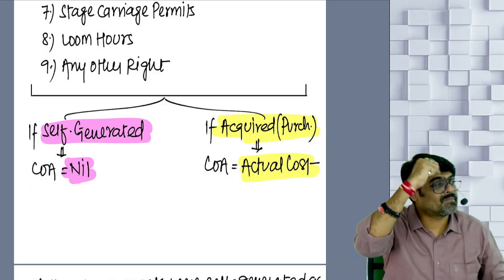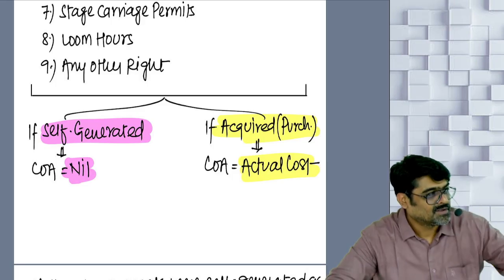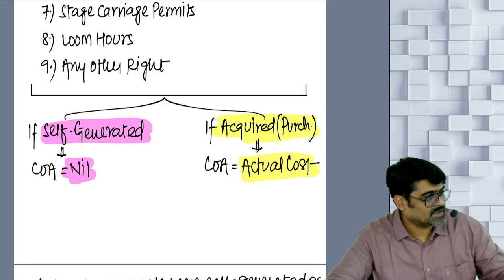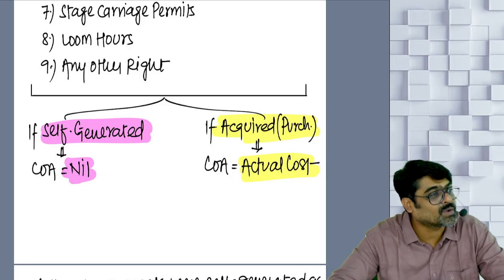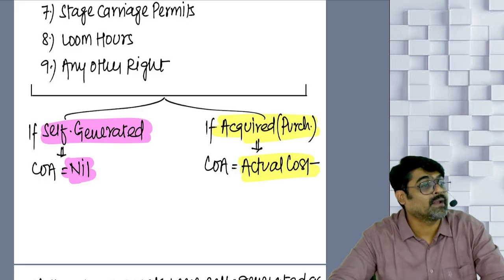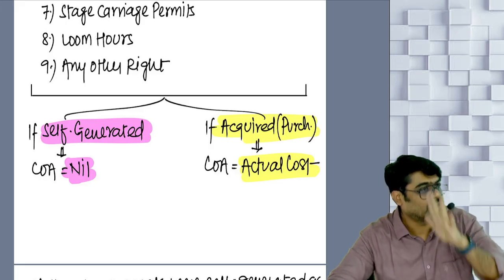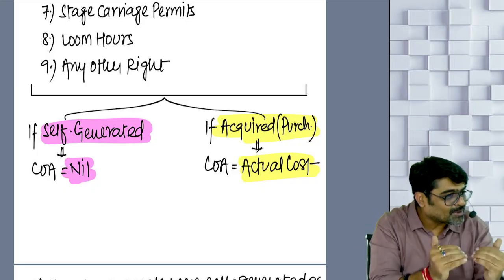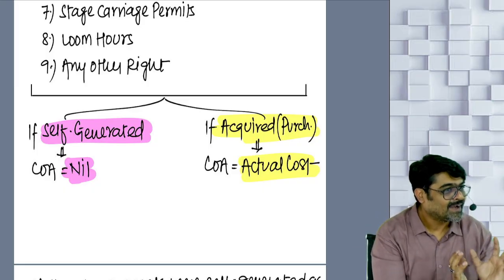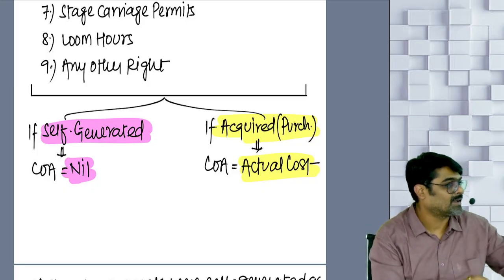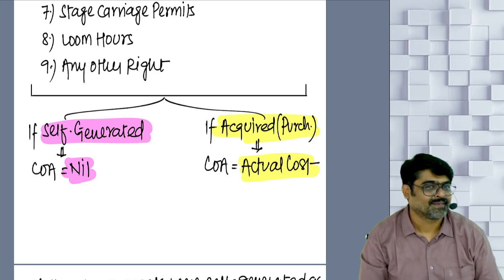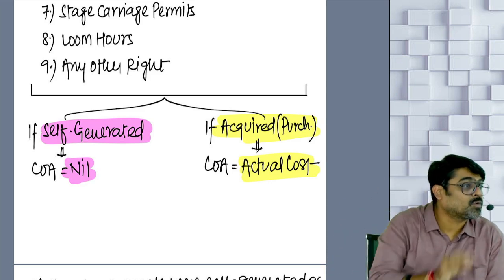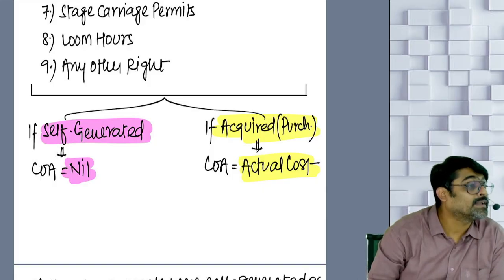Now, Bisleri company selling for how much? 5,000 crores. Self-generated trademark, brand name, yes or no? We'll calculate the capital gain and they will have to take the cost as nil. The entire 5,000 crores will now be taxable and the government will get tax revenue on that. Assuming that the gain was long term, 12.5% of 5,000 crores.